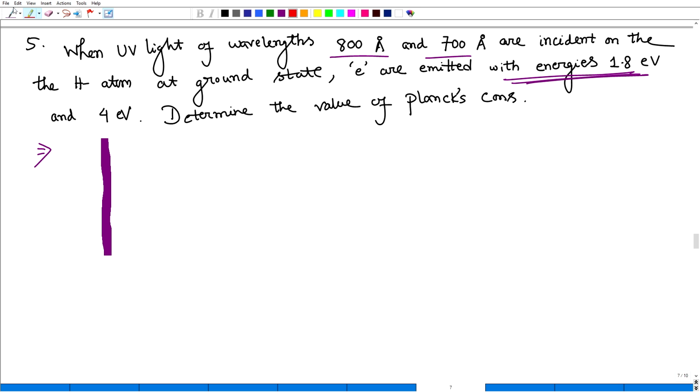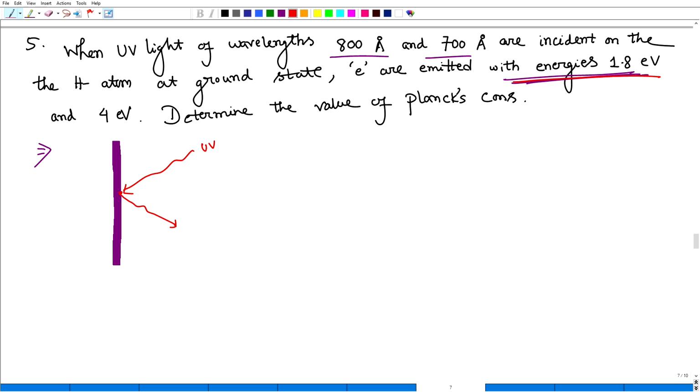Now UV light is coming, having the wavelength 800, and it may be anything. Okay, 800 Armstrong is given here, also 700. After that, what will happen? The light will collide with the electron, and the electron will come out having some kinetic energy. Okay, that is the case.